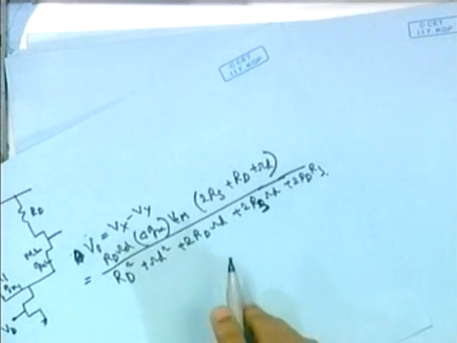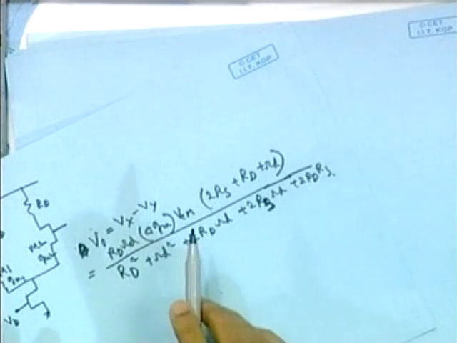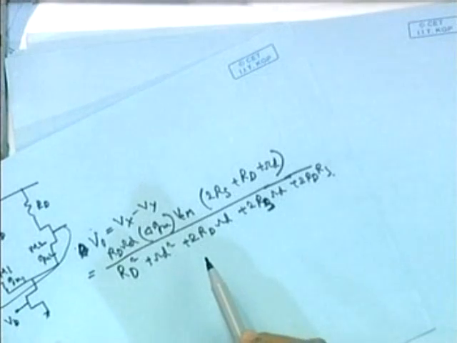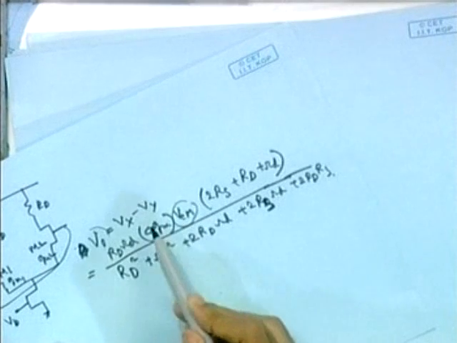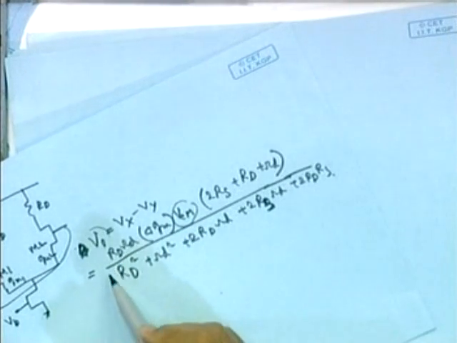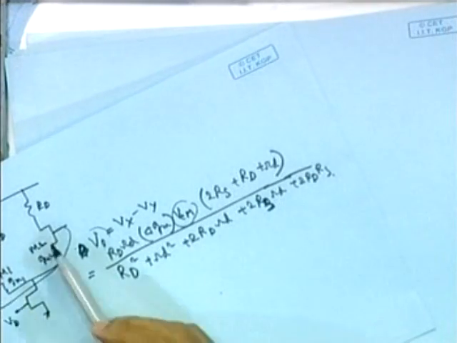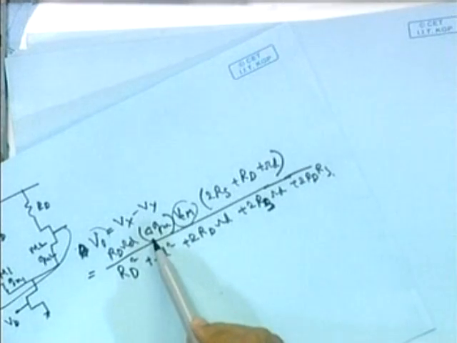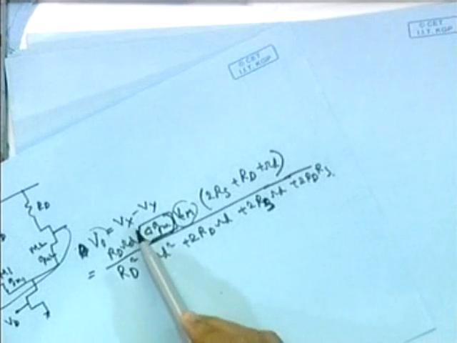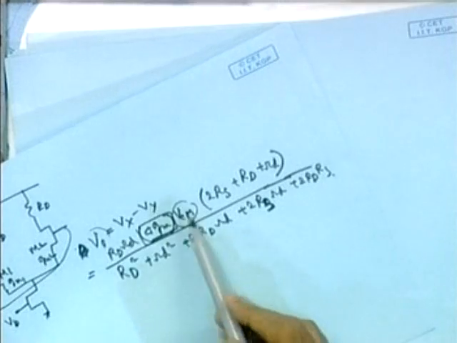So here what you get, if our input is only CM, our differential input is 0, we are applying only CM voltage between these two, we are getting our differential output as a function of this CM. So ideally this should be 0. If you are not giving any differential input at the input of this amplifier, your output should be 0 for the ideal case. But here, due to this mismatch, due to this delta GM, you are getting a differential output which is a function of input CM.